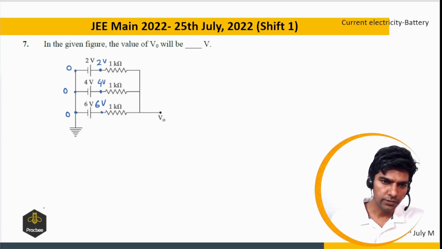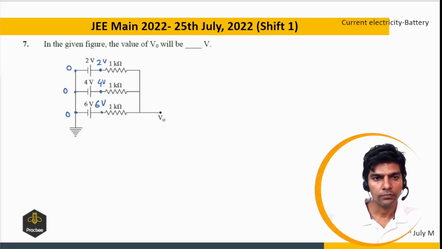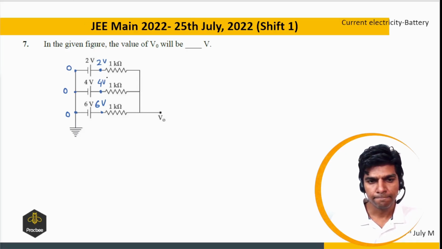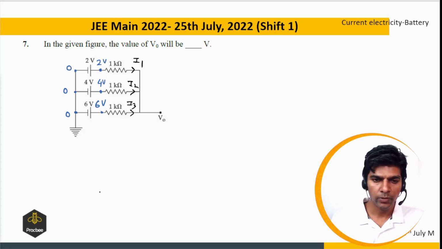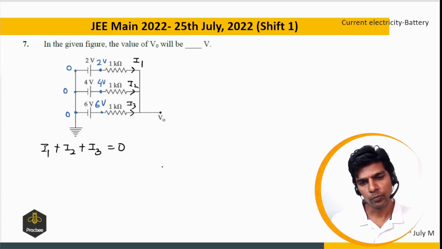So what we can do in this case, if here we have the current I1, here it is I2, here it is I3, then I1 plus I2 plus I3 should be 0, right? Got it? It should be 0.